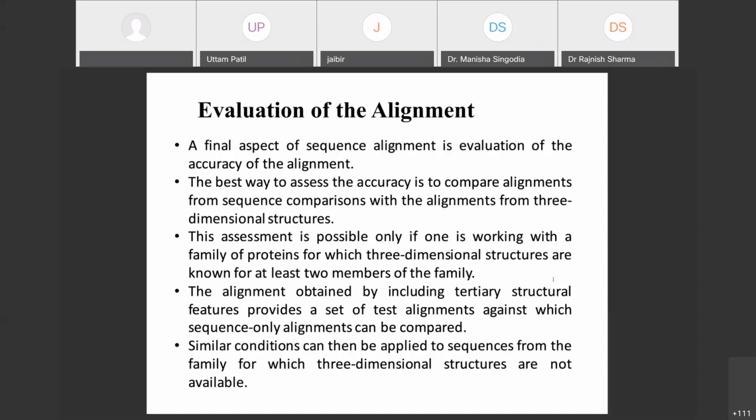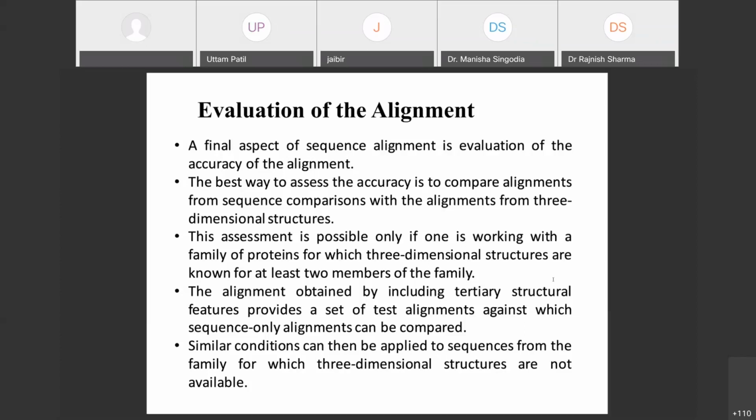The best way to assess is to compare the alignment from sequence comparison with the alignment of 3D structures. The easiest way, if you have two protein sequences and you have aligned them, to check whether they are properly aligned or not, is that if you have 3D structures available, you can superimpose these structures. If there are no gaps, or minimal gaps, in the secondary structures, then you can say, okay, I have got a reasonably good alignment.